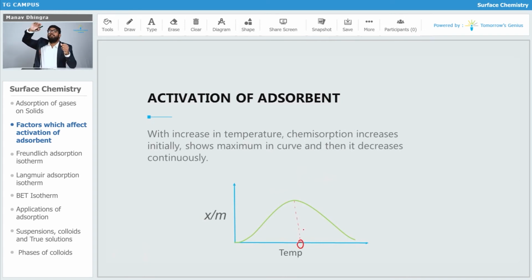First it increases, and this is the activation energy required to make the bonds. Afterwards, if you increase the temperature, the extent of adsorption decreases. So there is a difference in the graphs of physisorption and chemisorption.